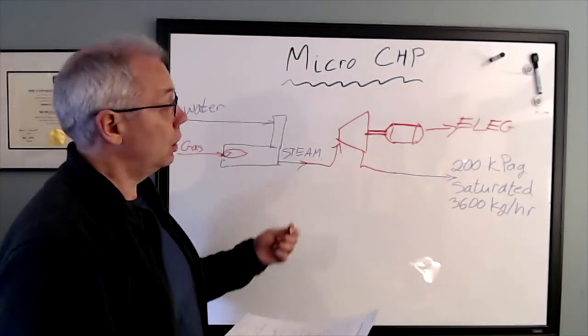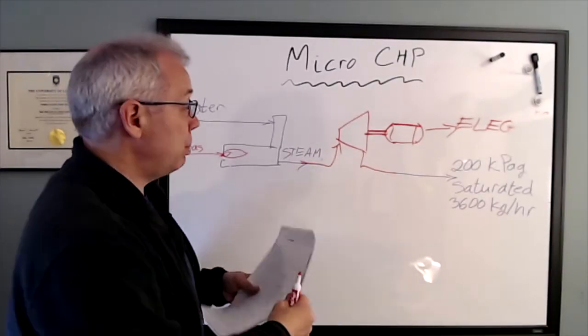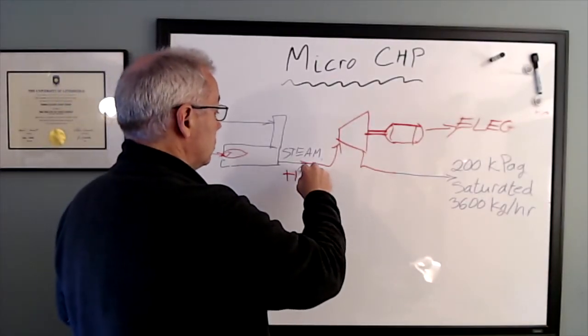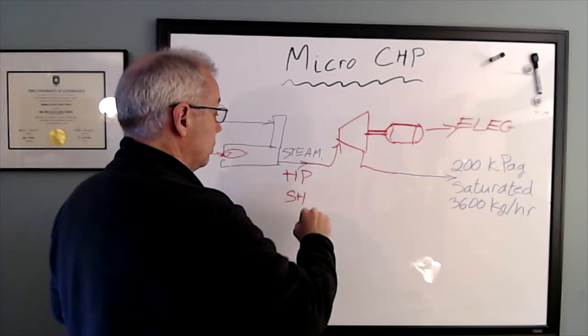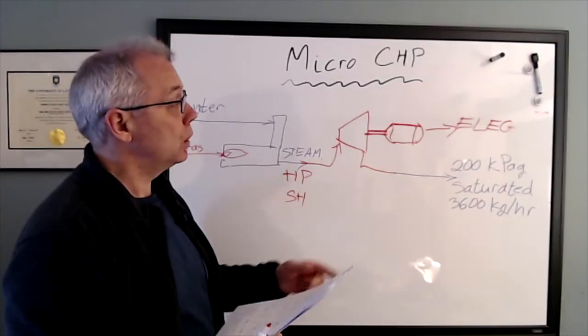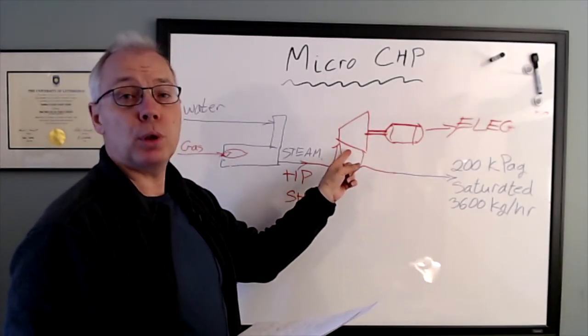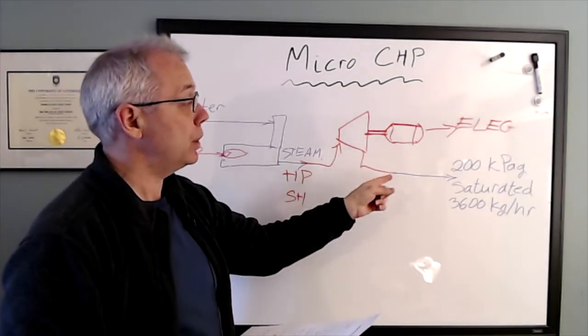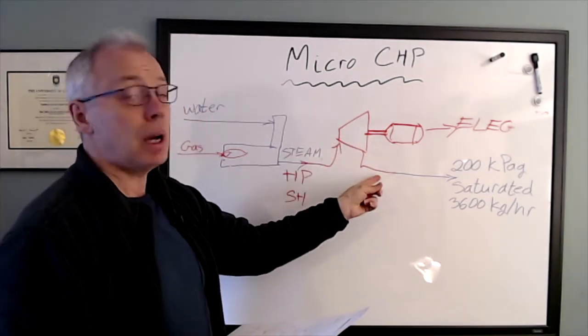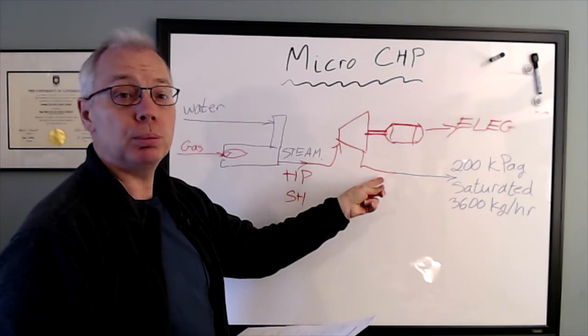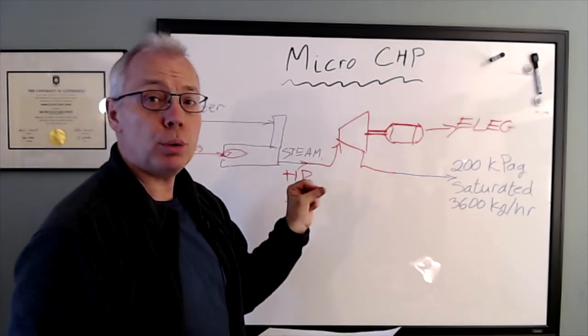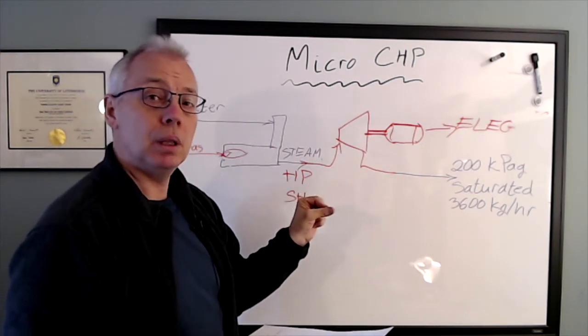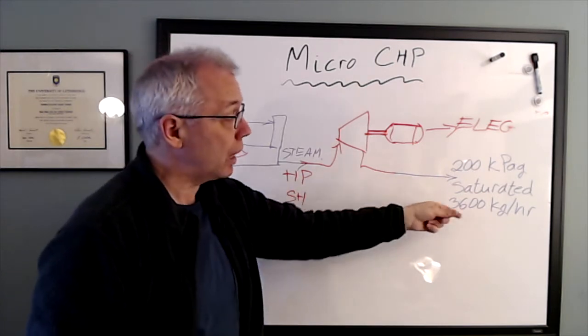So here we generate high pressure, superheated steam. We'll drop it through a turbine, spin the turbine, make electricity, and as the outlet, we get saturated steam. So let's crunch through the numbers quickly and see if this makes sense for our small plant.